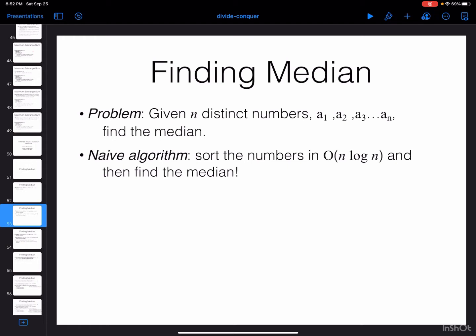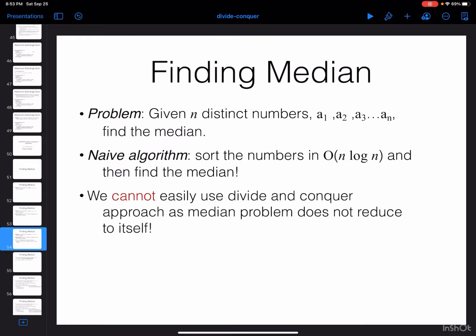So that's it: sort the array, find the middle item, and that's the median among the n numbers. But of course, we are not interested in these naive algorithms. We are going to try to solve the problem using the divide and conquer approach and find an algorithm that works faster than n log n.